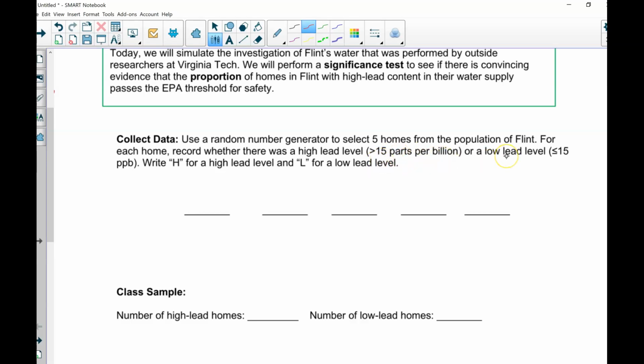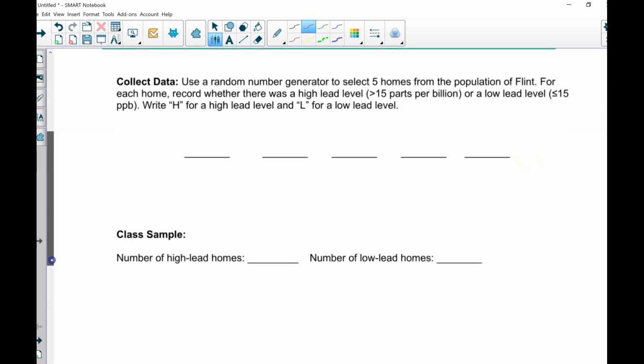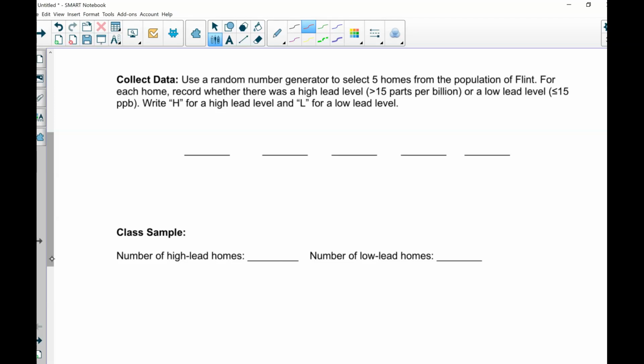If it was less than or equal to 15, then it was considered low. I'm using period 7's data since we had more students, so more data. So we found out that 47 homes had high lead levels and 128 had low lead levels, for a total of 175 homes.